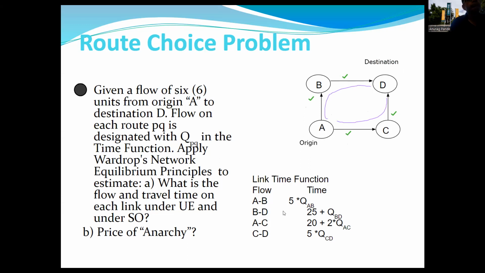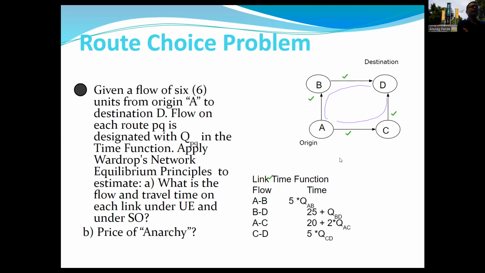On link AB, the travel time is 5 times QAB, so whatever the number of vehicles passing from A to B is. For BD, it's 25 plus QBD. For AC, it's 20 plus 2 QAC. And for CD, it's 5 times QCD. Those are my link performance functions for all four links.